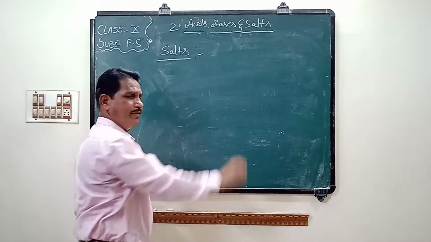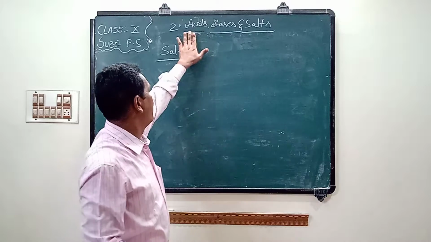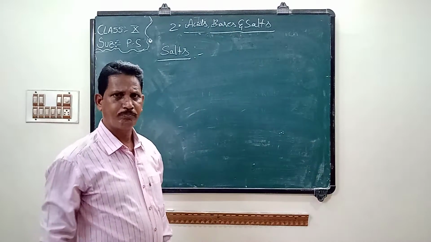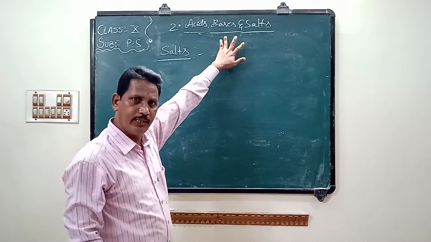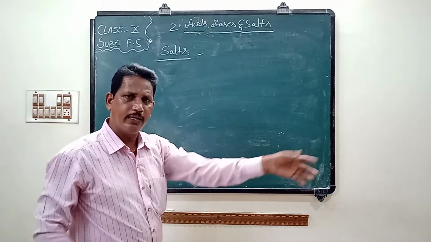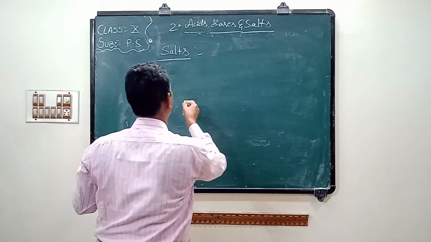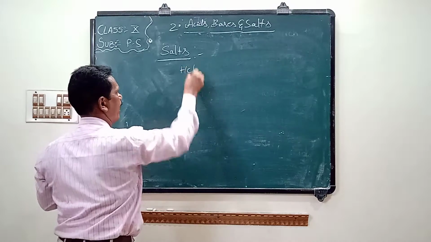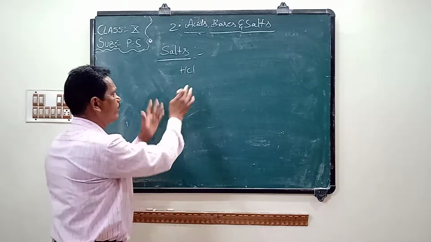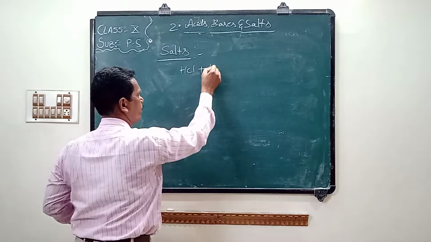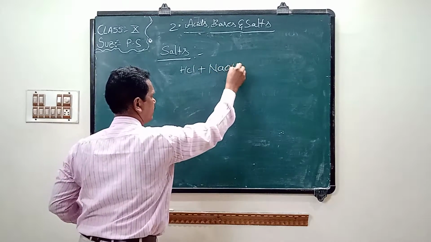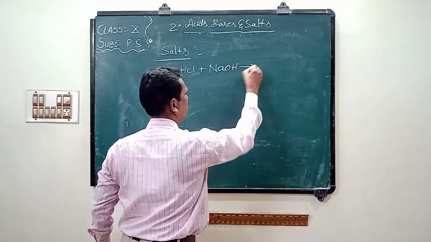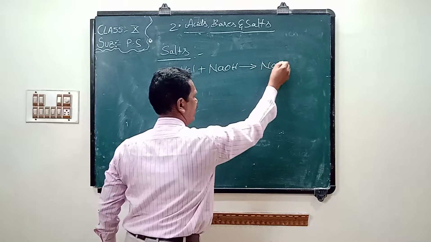Acids react with bases to form salt and water. For example, acid HCl, hydrochloric acid, reacts with base NaOH, sodium hydroxide, to form salt NaCl.